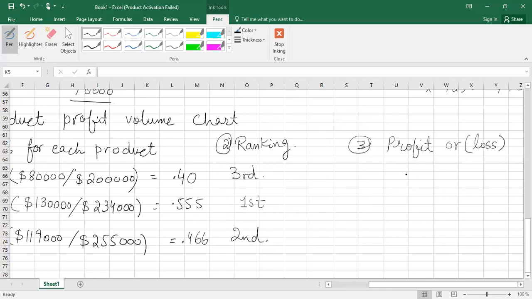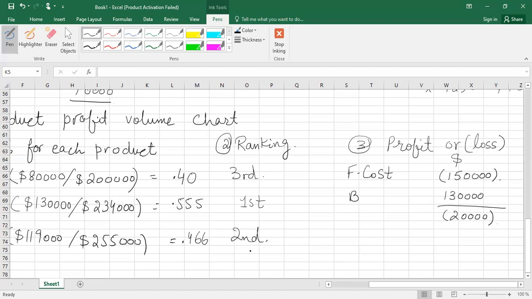Before drawing profit volume chart, we are performing these 3 steps. It will start from fixed cost. In this scenario, we assume that our fixed cost is 150,000, which is negative. First product is the B, which recovered 130,000 of fixed cost from its contribution, but still we have negative 20,000.